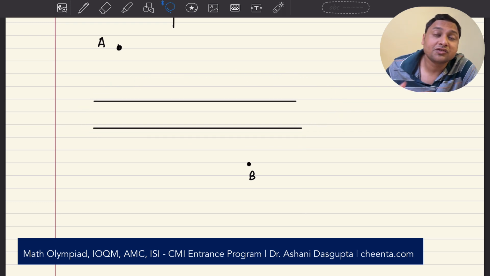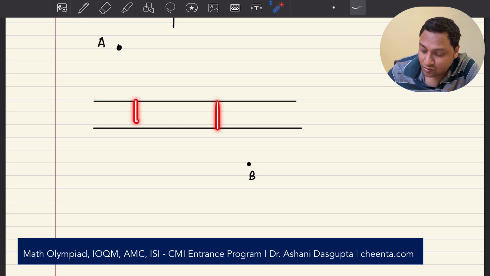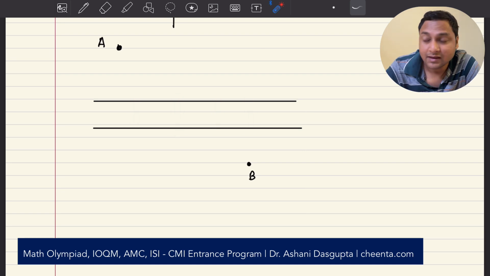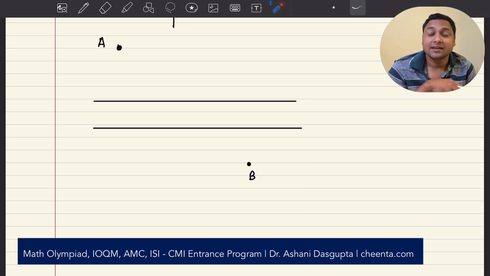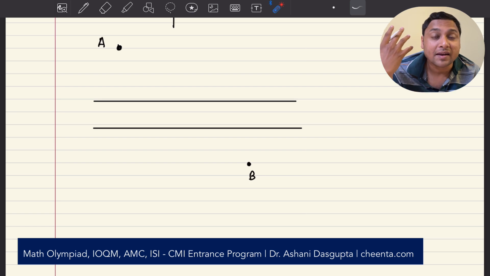So he needs to build a bridge on the river. And the bridge can be only drawn vertically, that is perpendicular to the river. So it can only be drawn vertically. Of course, it can be drawn here or here or here or whatever. So where should this person build the bridge so that the distance traveled by the person is minimum?